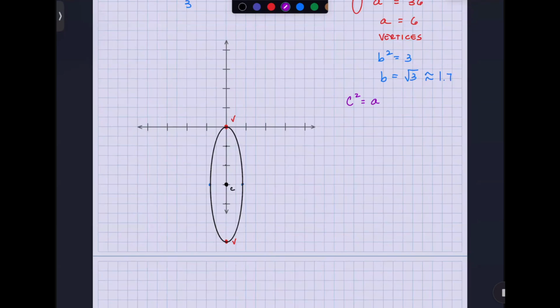And that's equal to? What is that approximately? Oh, 5.7?